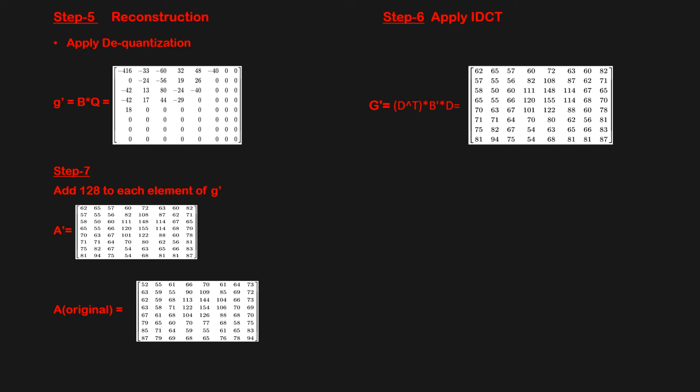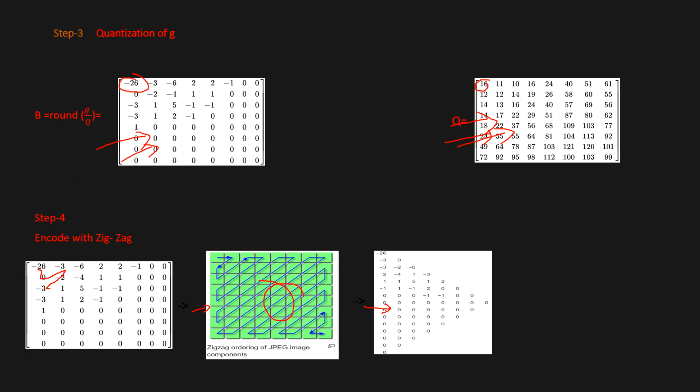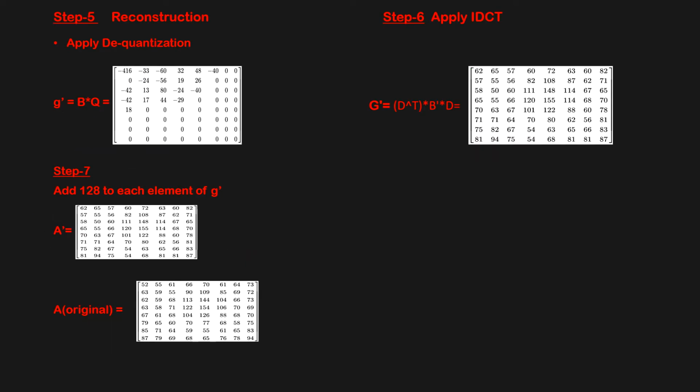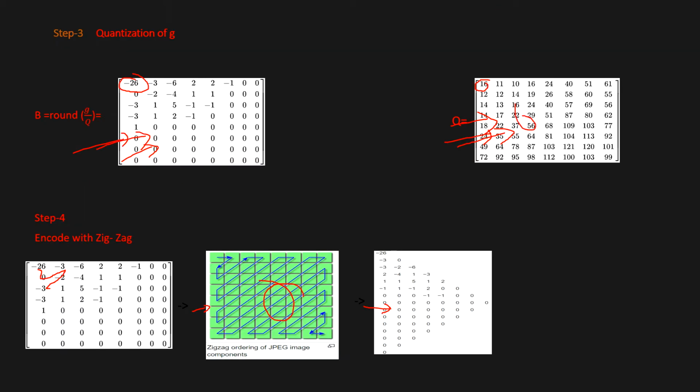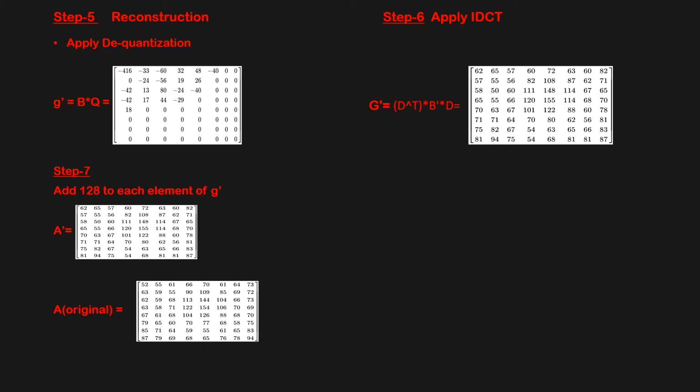How do we dequantize? Whatever matrix we got here, we multiply it with the quantization matrix, and then we get the dequantized matrix, which I have taken as g dash.